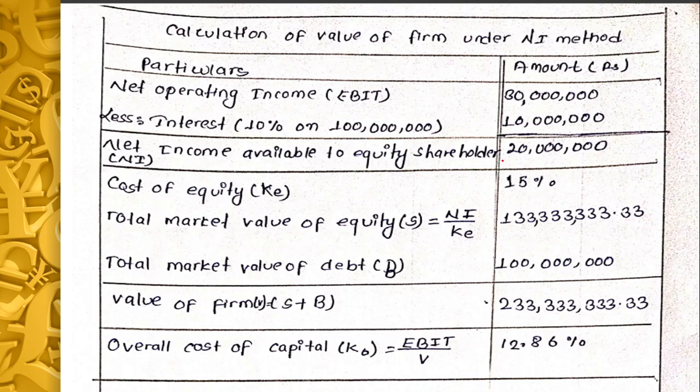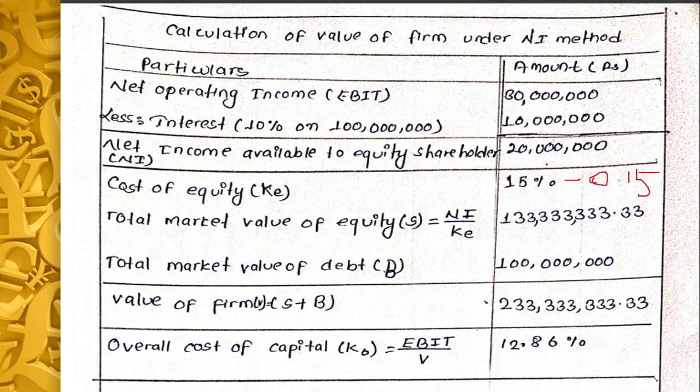And once after we find that, we have cost of equity, which is 15% or 0.15. Now total market value of equity is calculated by dividing net income by cost of equity.